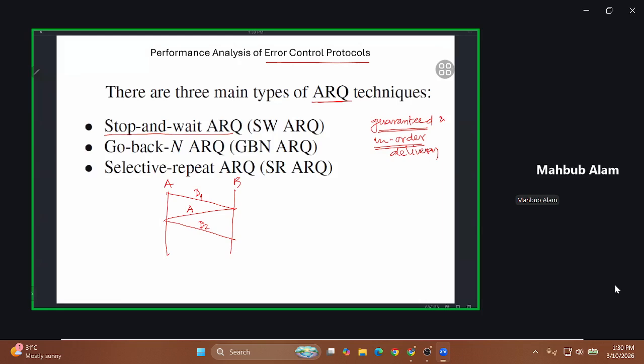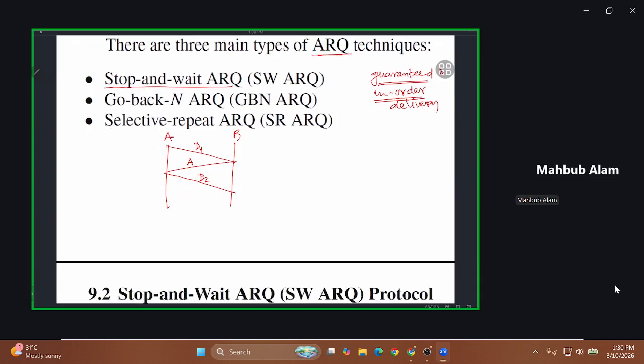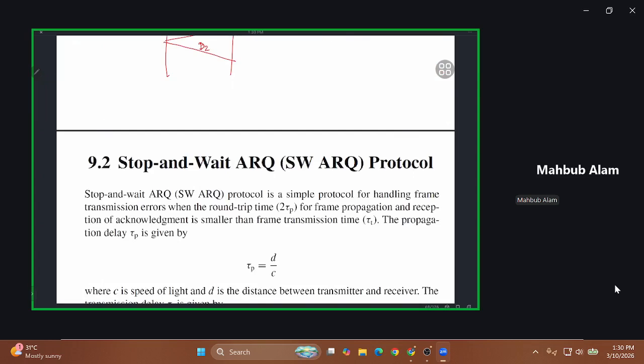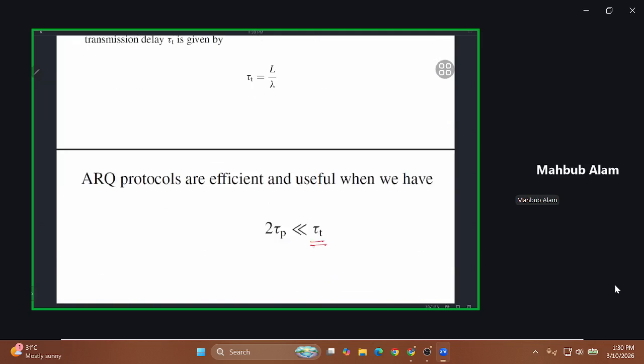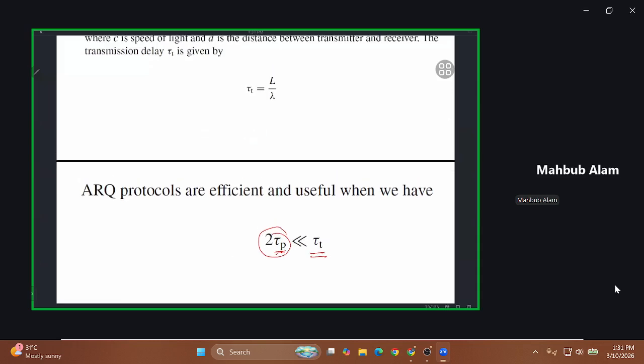And it is assumed that the transmission time is much larger than the propagation time. The transmission time of a packet is tau t, and tau p is the propagation time, so 2 times tau p is the round trip time. If the round trip time is much less than the transmission time, then what happens?